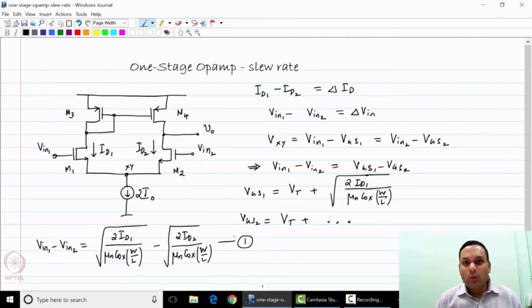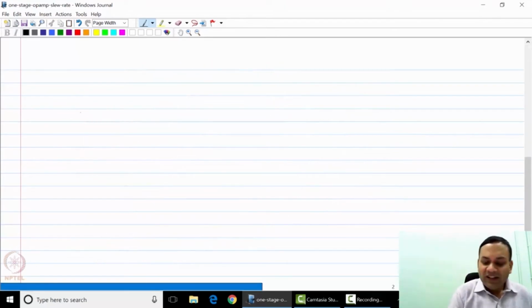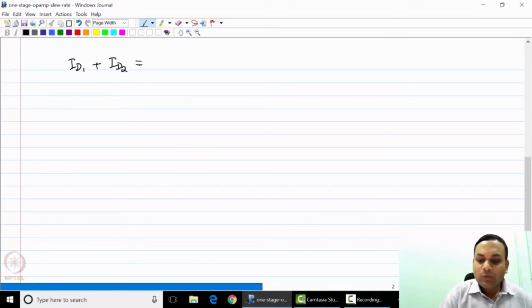Remember that V in 1 and V in 2 are the known variables and ID1 and ID2 are the unknown variables for this particular calculation. The second relationship is simply KCL at node XY, which tells us that ID1 plus ID2 always has to be equal to 2I0.